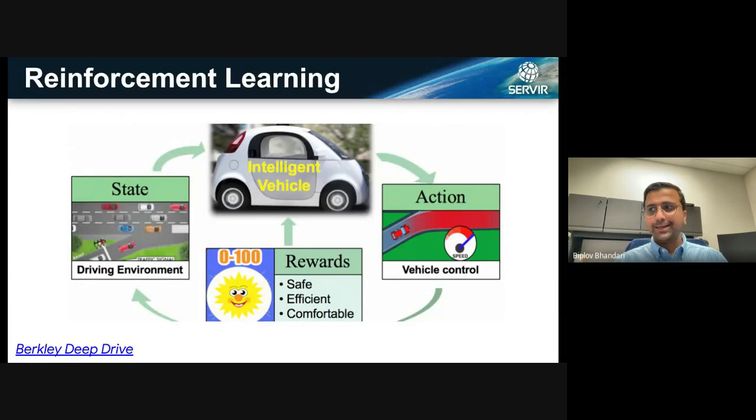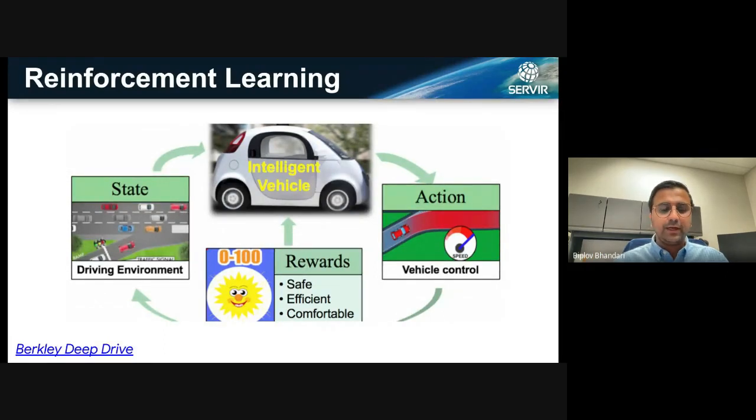Based on that state, it needs to do some sort of action. Actions in this case would be whether to accelerate or decelerate, whether to turn left or right. All those are the actions. Once the agent does some form of action in the environment, it's provided with some form of reward. This reward could be positive or negative.